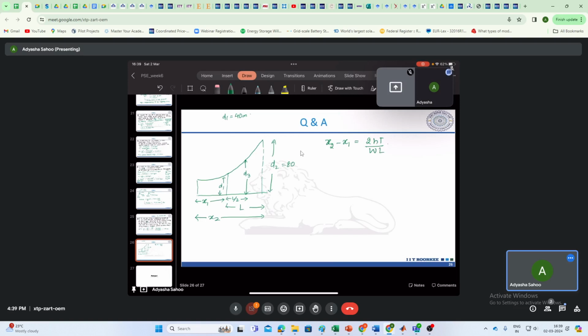So this we had seen, and D2 minus D1 was 40, and D2 will be W x2 square divided by 2T, minus W x1 square divided by 2T, W by 2T.